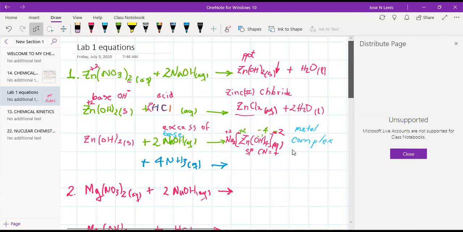This is the complex tetrahydroxozincate(II). The oxidation number is 2. Tetra, four, hydroxo, OH, zincate.